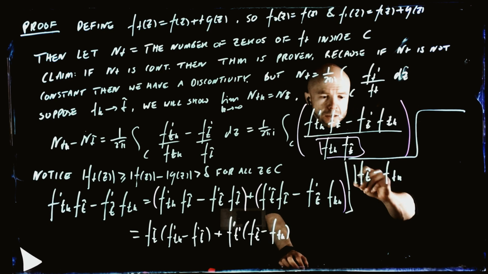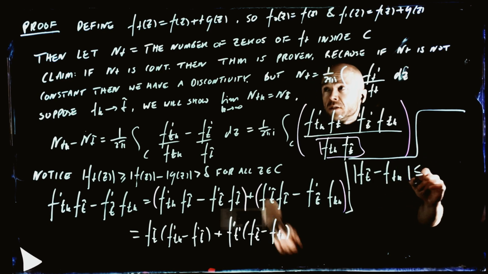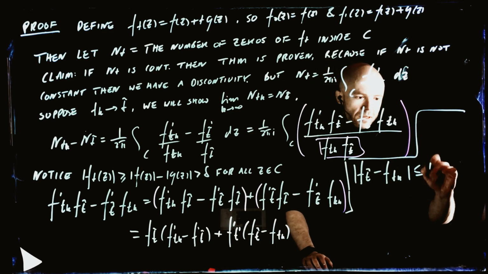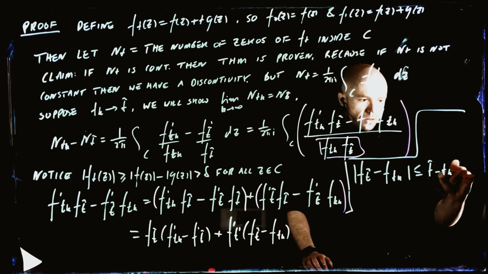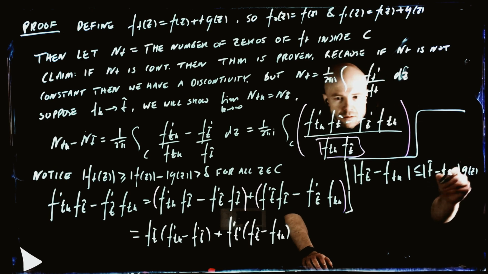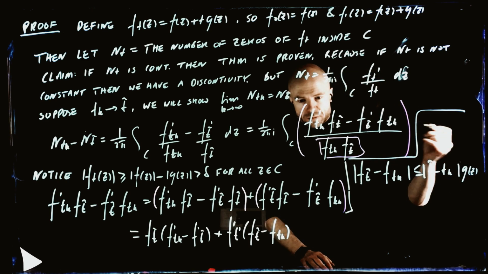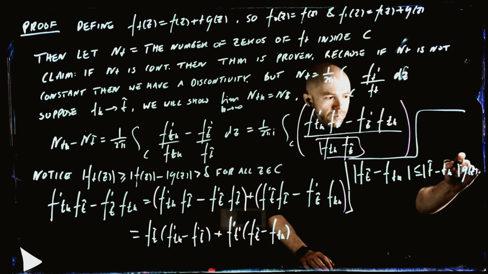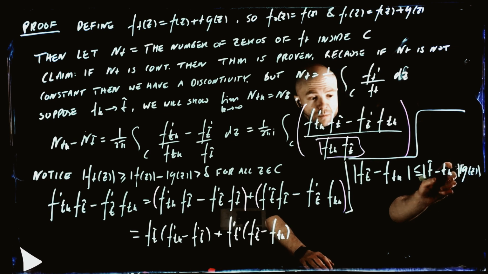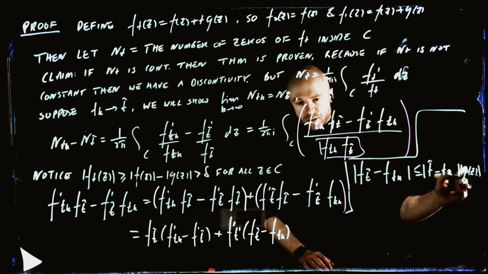Then what's this thing? This is less than, so the f's will just cancel. It's just less than t tilde minus tk times g of z. G is a holomorphic function on this closed curve, so therefore it's bounded on this closed curve, so we can make this thing as small as we like, independent of z. Do you see what I mean?